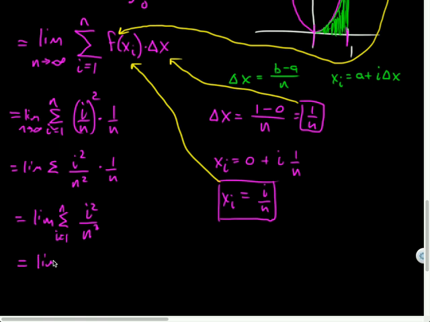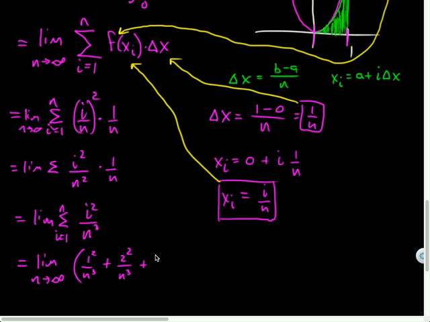So this is the same as the limit as n goes to infinity of, let's actually write this out. When i is 1, this would have been 1 over n cubed. When i is 2, this would have been 2 squared over n cubed.